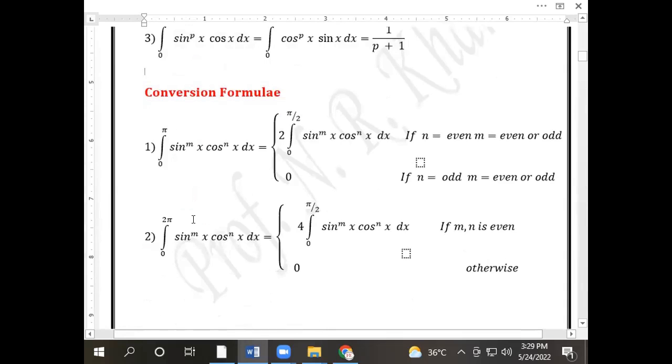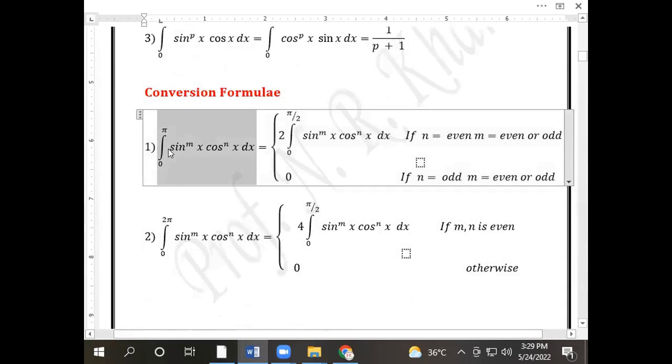Again, the standard conversion: if the integration goes from 0 to pi and the product of sine and cosine functions is there, if both m and n are either even or odd, depending on that, we have to reduce the formula. In case number one, what happens? If n is even, we don't care about m, it is either even or odd.